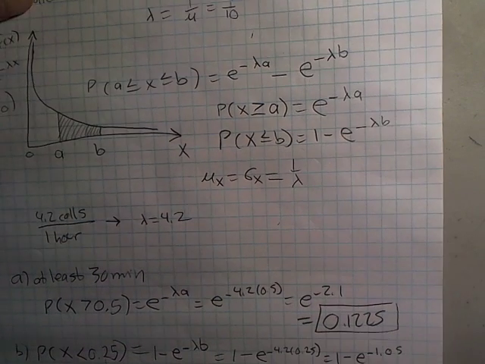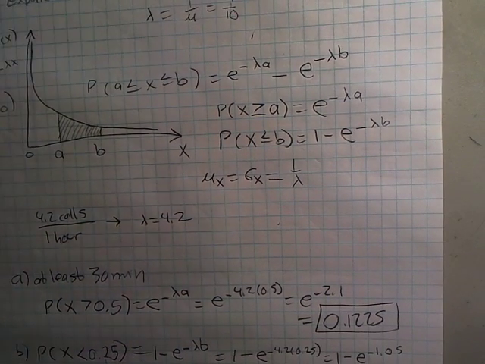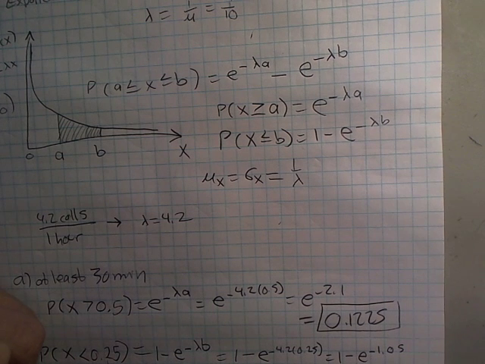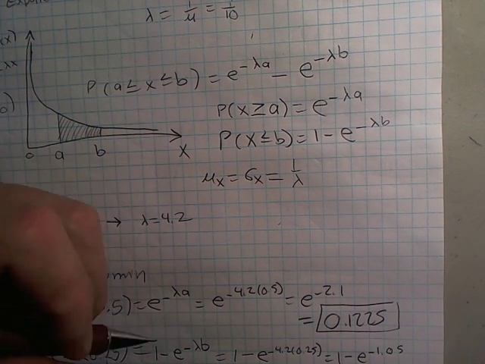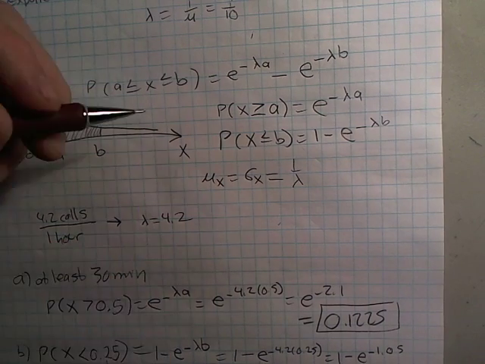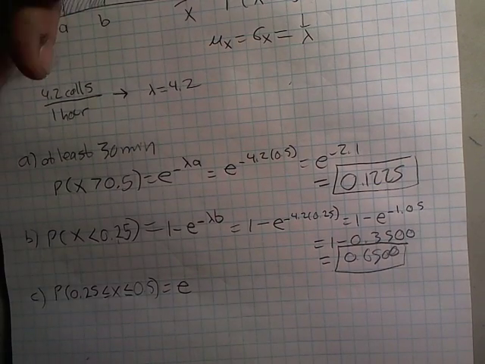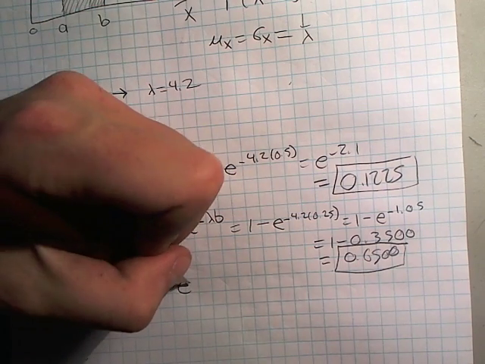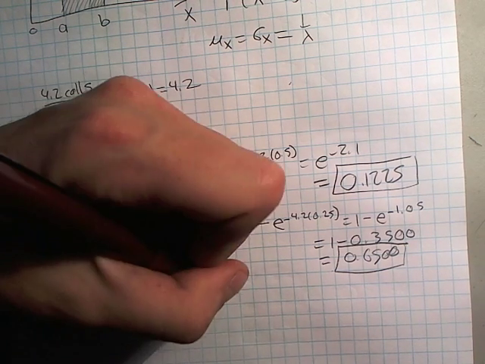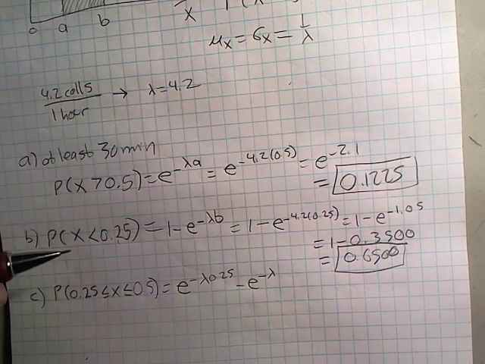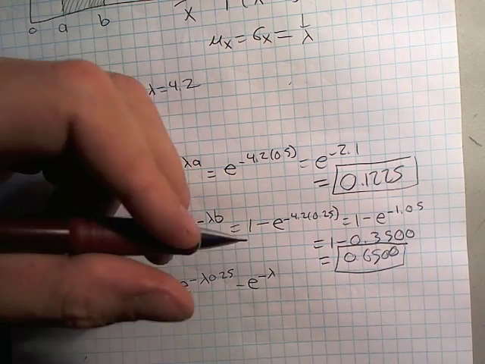Part C then wants us to find the probability that between 15 and 30 minutes will elapse. So here we're going to use the full form of the equation, and it's going to say the probability that 1/4 hour is less than or equal to X, which is less than or equal to 1/2 hour. And that's going to be solved with e to the negative lambda times a minus e to the negative lambda times b.